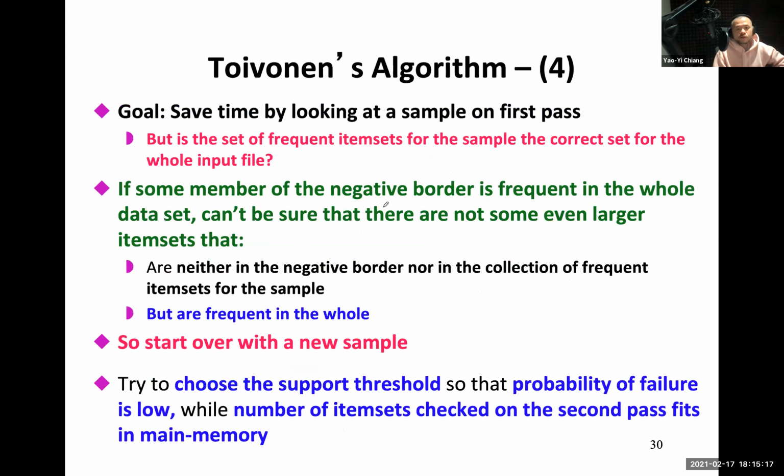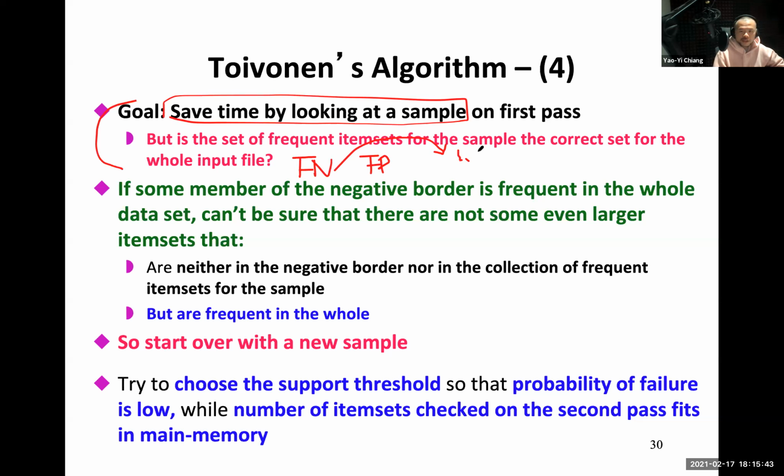So for the Toivonen algorithm, in summary, our goal is to save time by looking at the sample on the first pass. And we know that by looking at the sample, we will have false negatives and false positives. So two steps to eliminate false negatives.